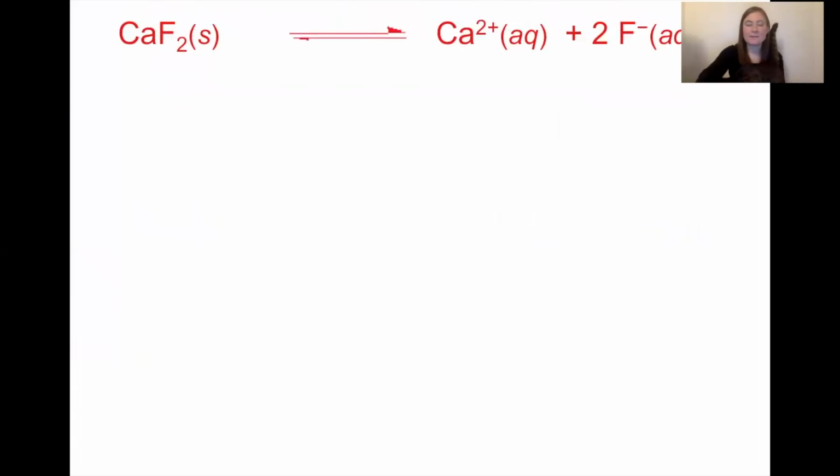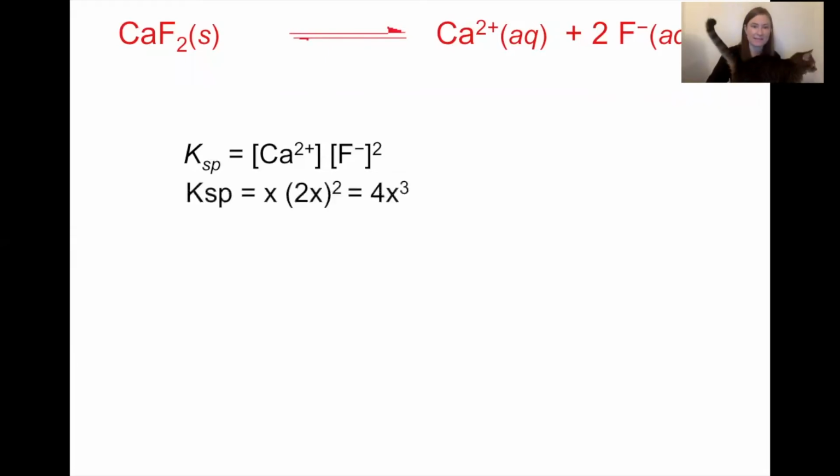Cool. So we can write out our equilibrium KSP, and we can go ahead and plug in the values that we have. So we know that for calcium, that's going to be x. For fluoride, that's going to be 2x. The concentration of fluoride is twice the concentration of calcium, and it's squared in our equilibrium expression.